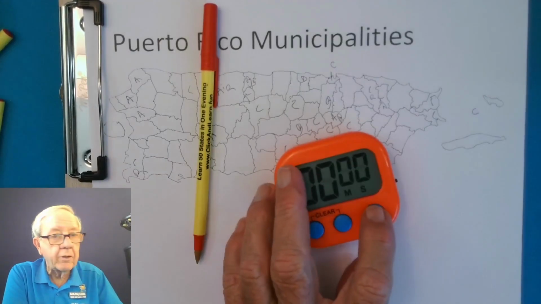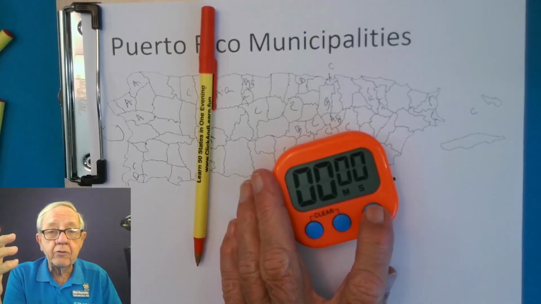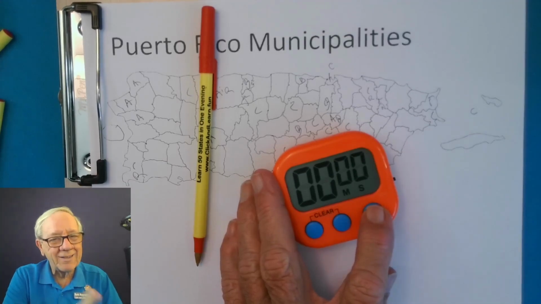Now let's see how well I can do on this with the time. The goal for me is to recite these in 28 seconds. I'm going to do my best.